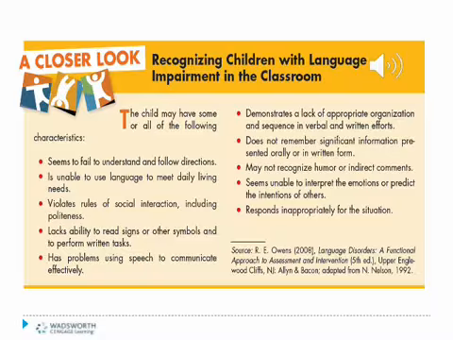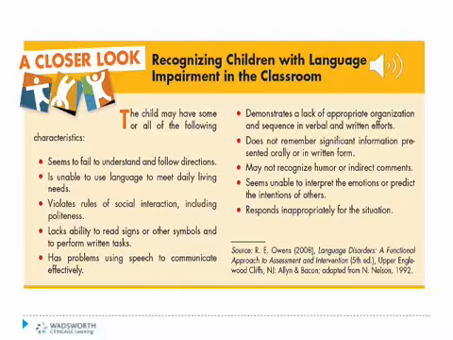If the child has problems using speech to communicate effectively, that's a sign. Others include the child's demonstration of a lack of appropriate organization when they're speaking and when they're writing. They do not remember significant information that's presented orally or in written form.